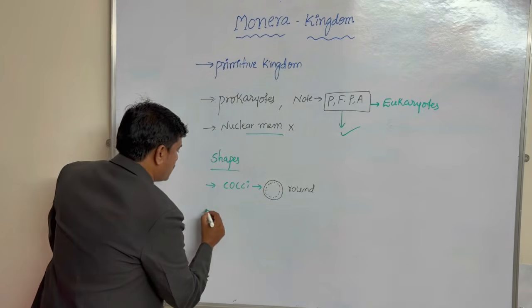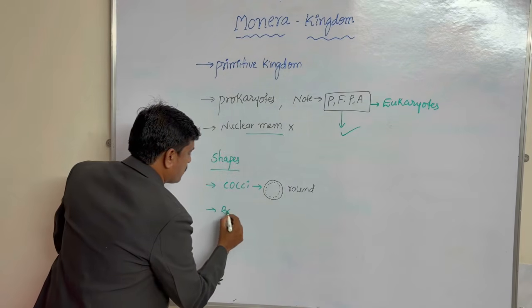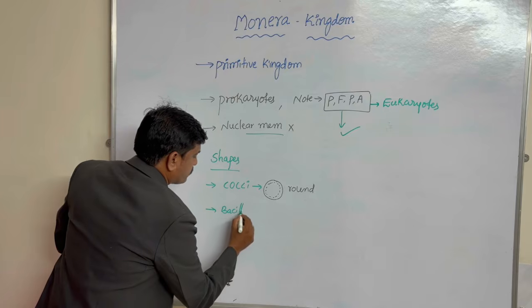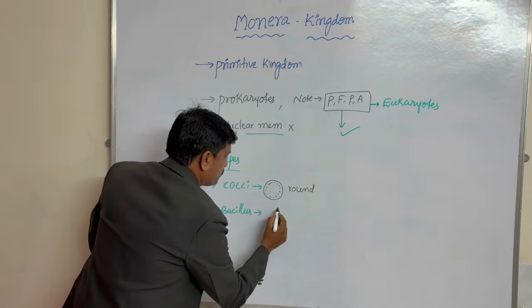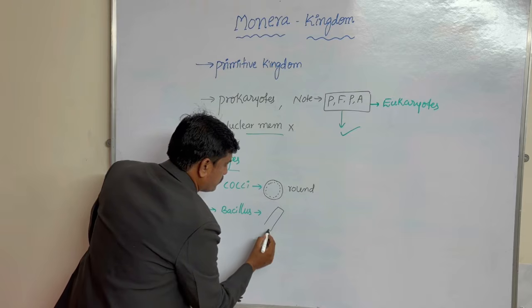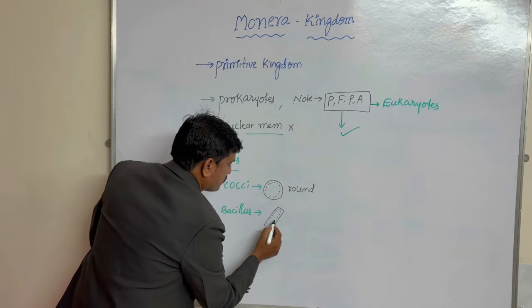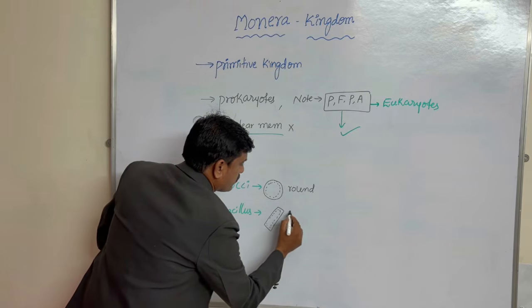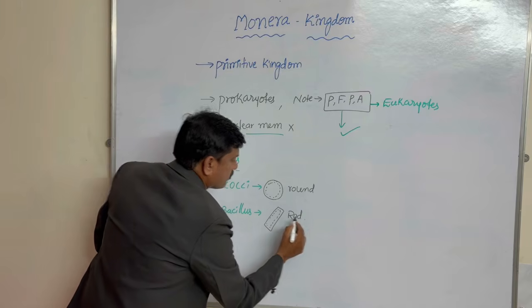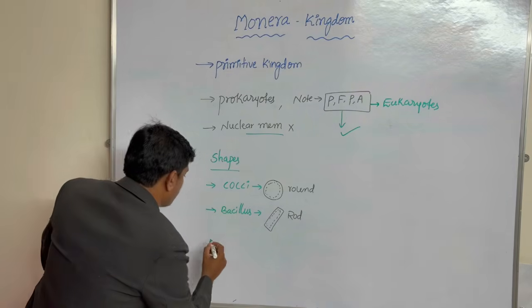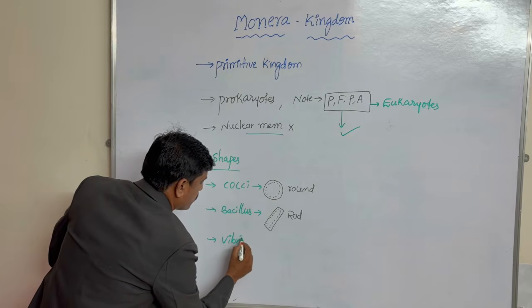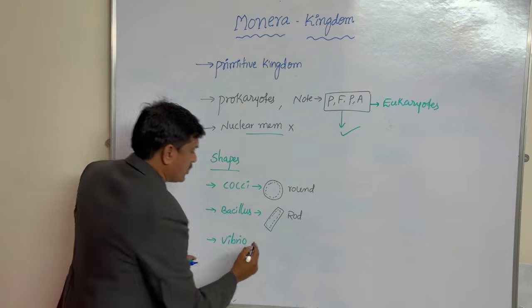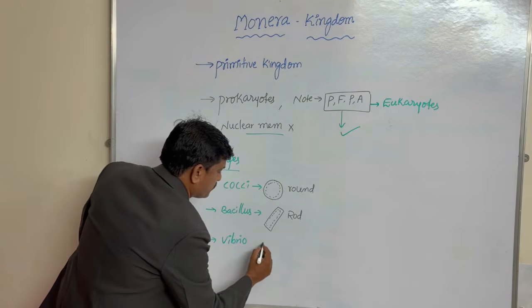The second one is Bacillus. Bacillus is rod shape. The third one is Vibrio. Vibrio is comma shape.